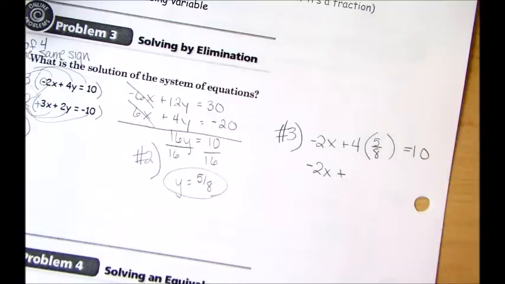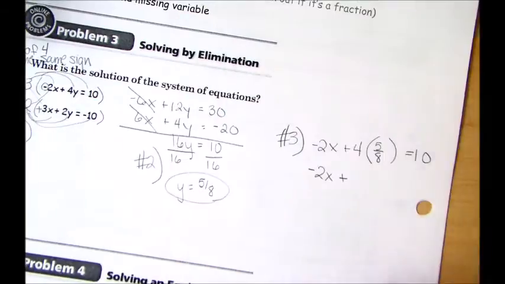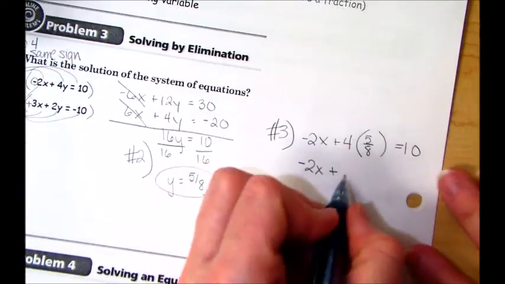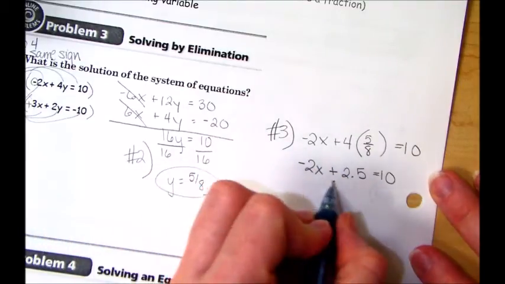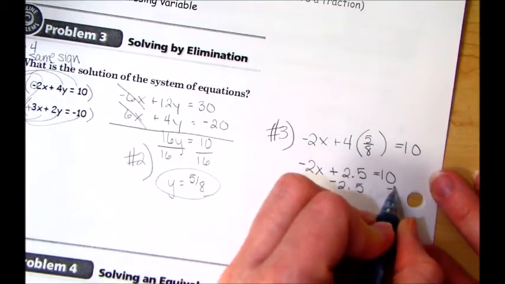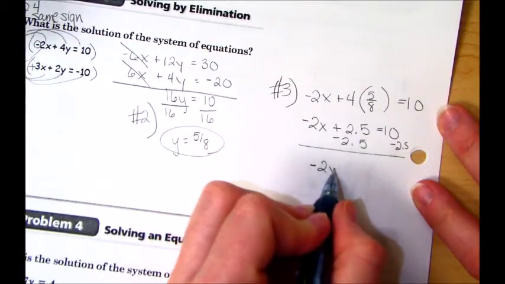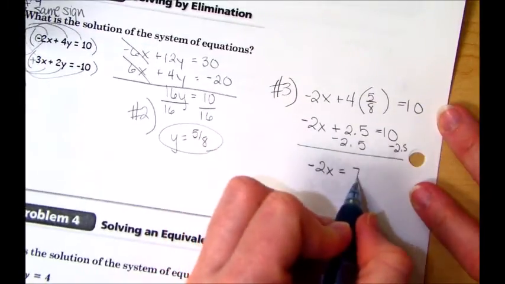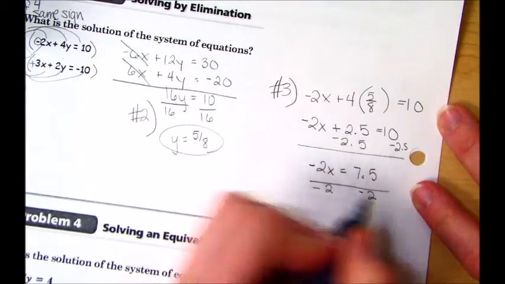Or, if you want a decimal, it's going to be a clean-cut decimal, so I'll allow it. It'll be 2.5. So that's okay. If you want to use a decimal, it's a clean-cut decimal. You may use it. Subtract 2.5. -2x equals, let's go to 7.5. Divide by -2.